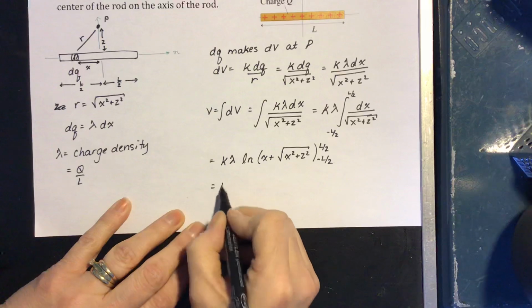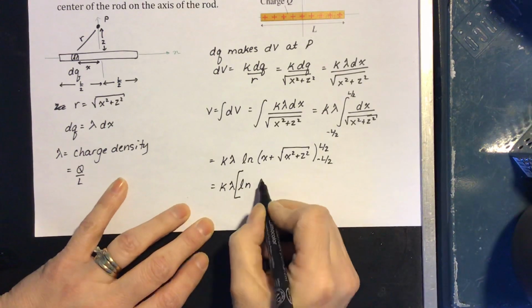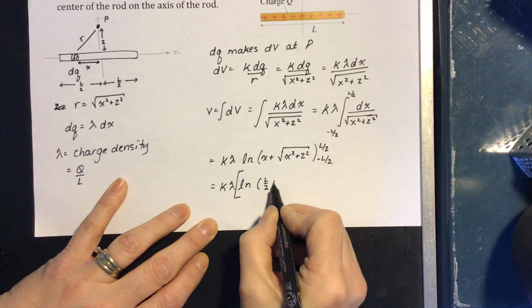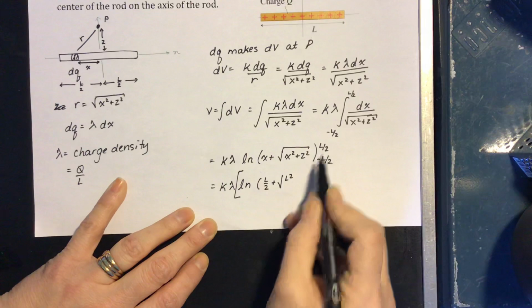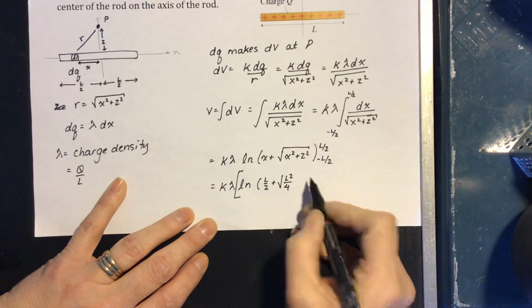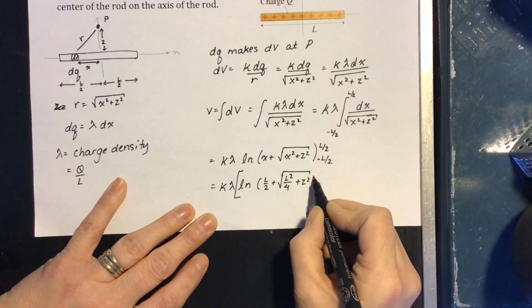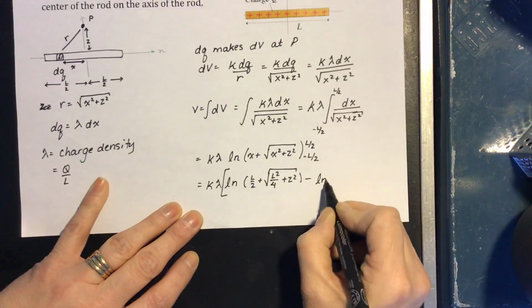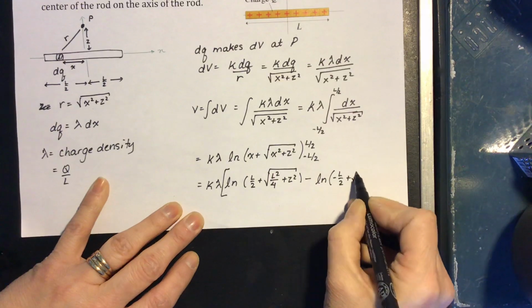So we'll fill in those limits. So x squared here is L over 2 squared, gives us L squared over 4. Minus L over 2 squared is also L squared over 4.